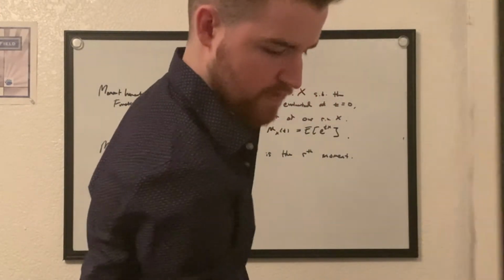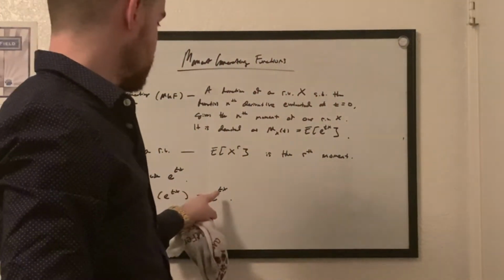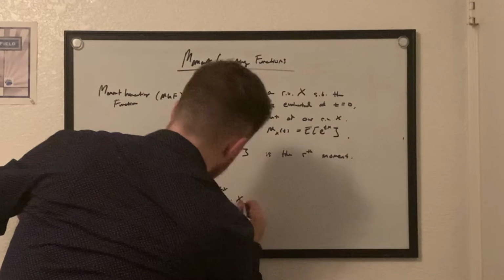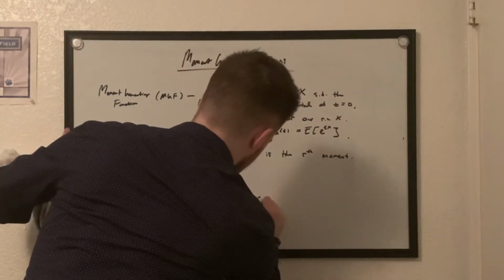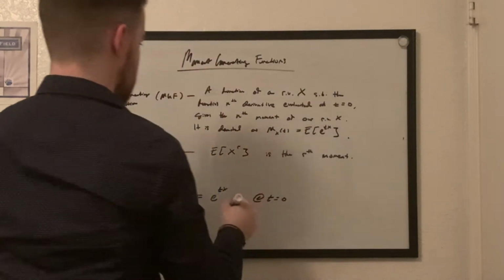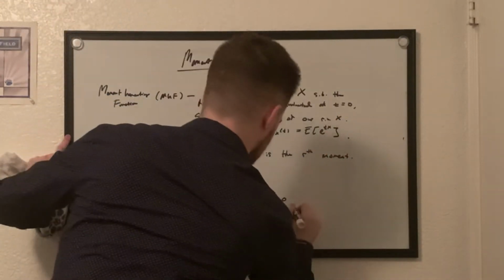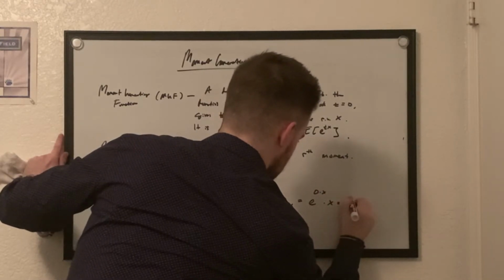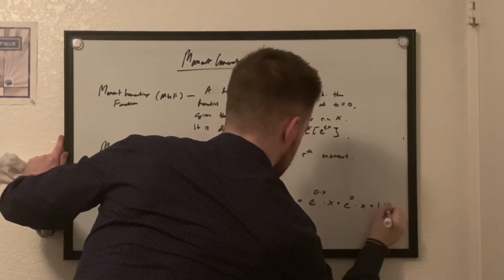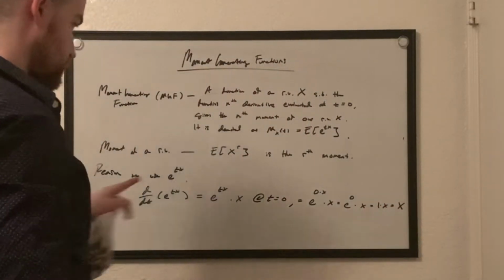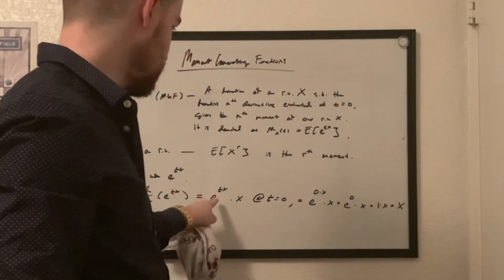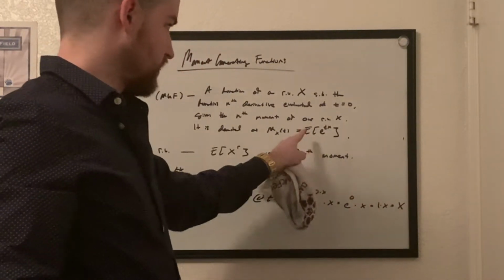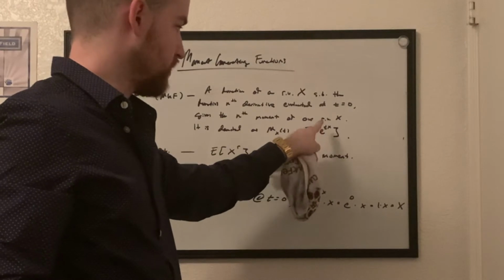The derivative of tx with respect to t is simply x. Now, let's evaluate it at t equals 0. This is how you always say evaluate at t equals 0. Then that's equal to e to the 0 times x, which equals 1 times x, which equals x. So when we take e to the tx and take its derivative and evaluate at t equals 0, we get x. And if we put an expected value around this, we would have the expected value of x.